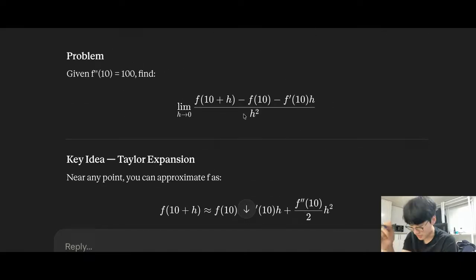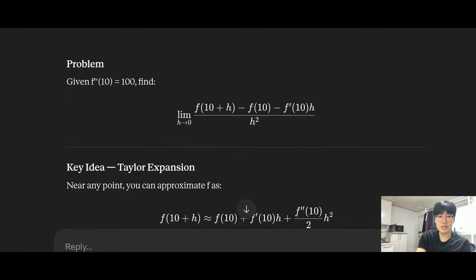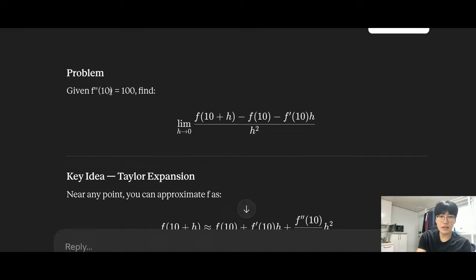So this is just 2. Okay, let's just try it by myself. So basically that's just 2. On top here, he said, let's just say, given f prime 10 is 100, find that.